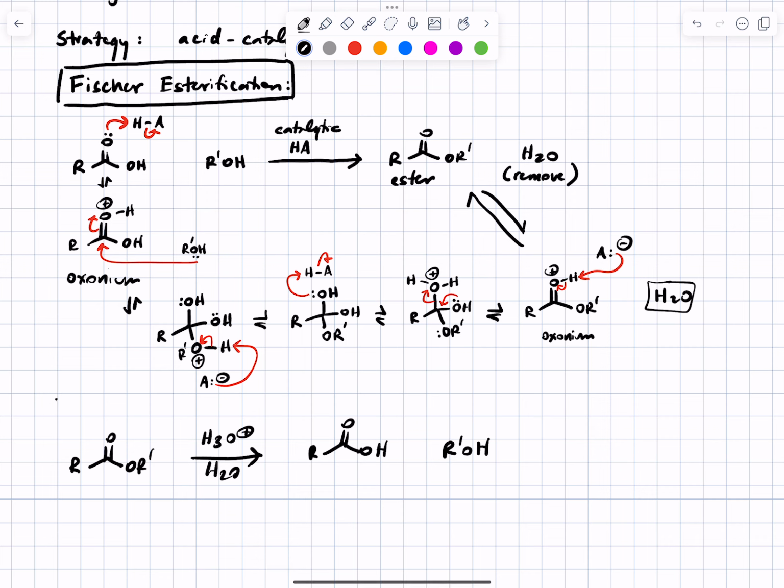So acid catalyzed ester hydrolysis is just the reverse of Fischer esterification. As with acetal formation versus hydrolysis, the key feature is, are you removing water or are you supplying an excess of water?